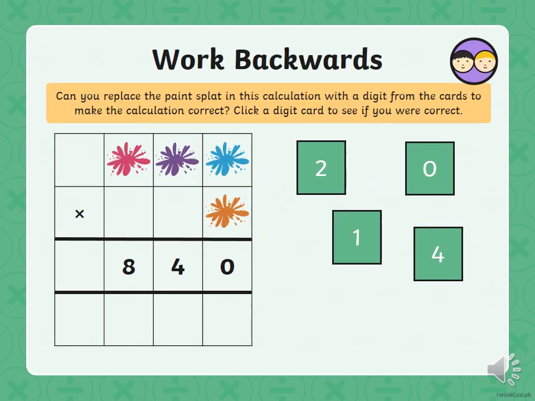Okay. So now let's work backwards. Can you replace the paint splat in this calculation with a digit from the cards to make the calculation correct? Click a digit card to see if you were correct. So what I want you to do is pause the video for a few minutes and see if you can work this out using the cards over there. See if you can figure out the multiplication sum.